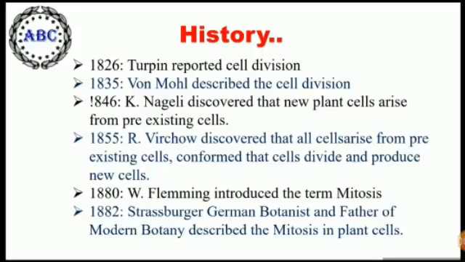In 1846, K. Nageli discovered that new plant cells arise from pre-existing cells, and later on in 1855, R. Virchow discovered that all cells arise from pre-existing cells. We have studied all that in cell theory.